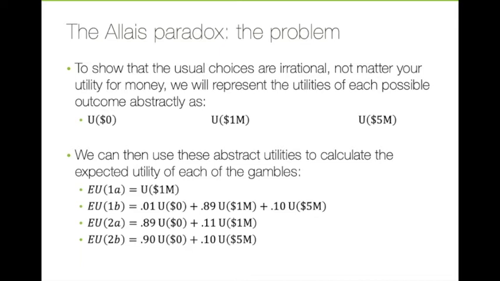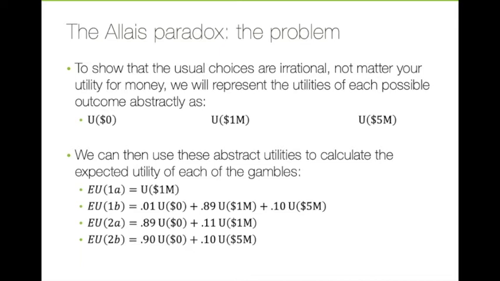So whatever these three utilities are, they only have to stay the same across the two decisions, so that the utility of $0, $1 million, and $5 million are all fixed for you.